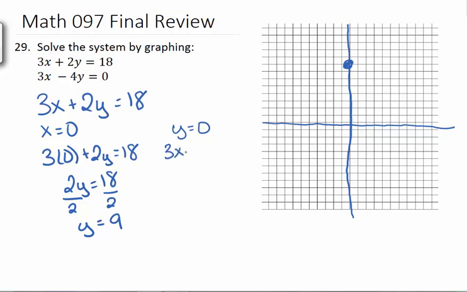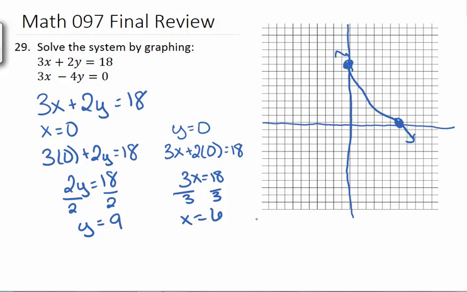That gives us 3x plus 2 times 0 is equal to 18. So 3x is equal to 18. And dividing both sides by 3 gives me that x is equal to 6. So here I would have 1, 2, 3, 4, 5, 6, and then up 0. And we can connect these two dots to get the general line.